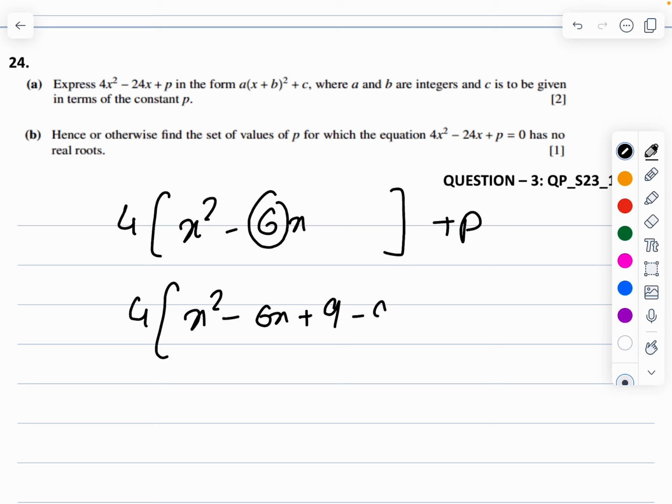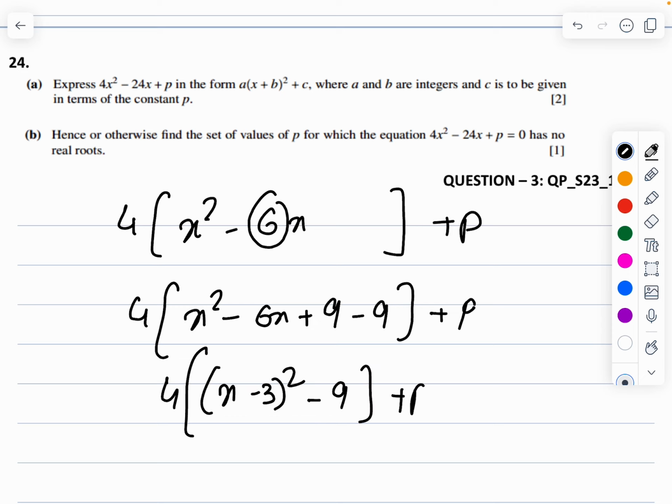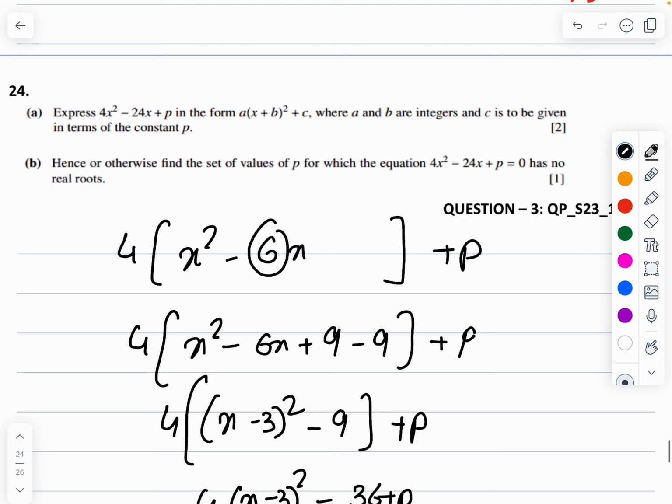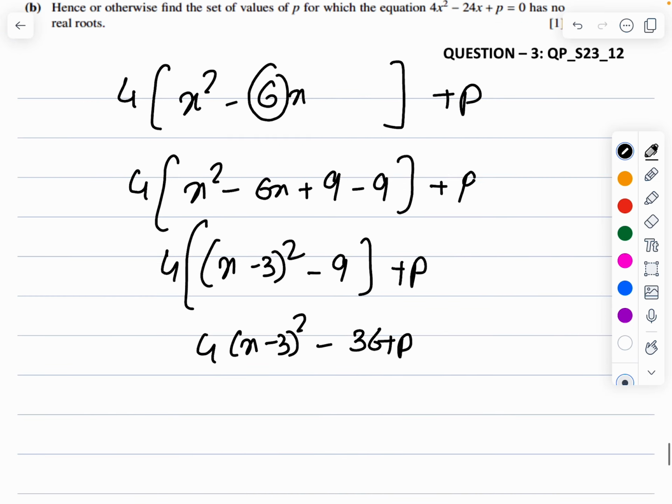So add 9, that is 3 square, and subtract 9. Then plus p. 4 bracket x minus 3 whole square minus 9 plus p. So it becomes 4 times x minus 3 whole square minus 36 plus p. Now what is he telling? Express this in terms of p, where c is to be given in terms of p. So we have written it out in that form.